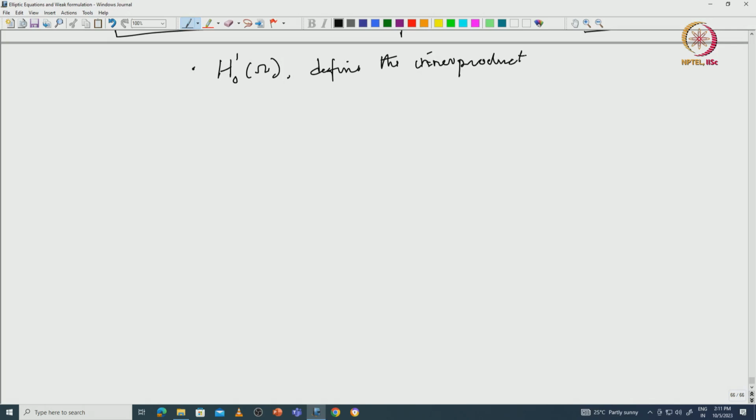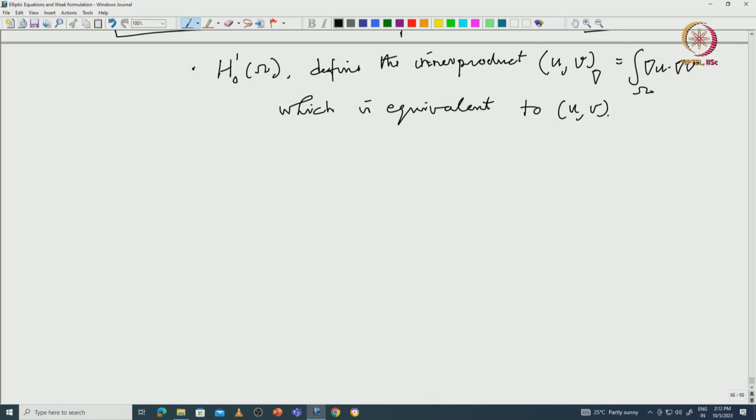For this lecture, let me write the inner product of u, v as the gradient inner product, integral of grad u, grad v, which is equivalent to the usual H1 inner product, which is grad u grad v plus integral of uv.